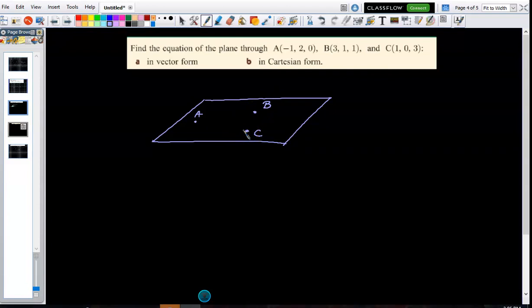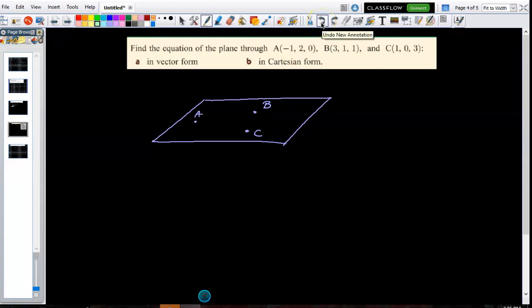If I want to find the equation of a plane, what two things do I need? I need a point, and I need a normal vector, a vector that is perpendicular to the plane. Now, we've got three points. How do we find a vector that is perpendicular to the plane?